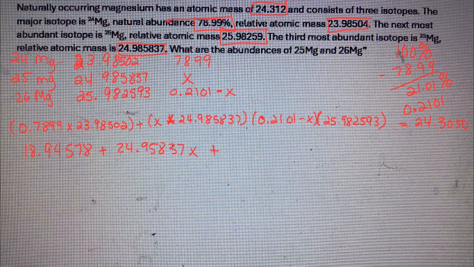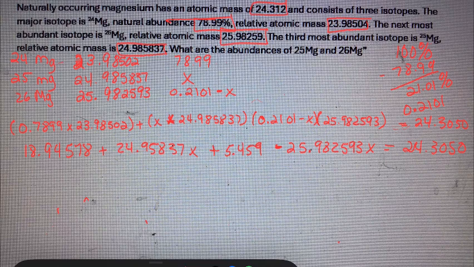Plus we're going to get this times that. So we're going to get this times 25 is going to give us 5.459 minus 25.982593x equals 24.3050. So let's do a little combining of like terms here.